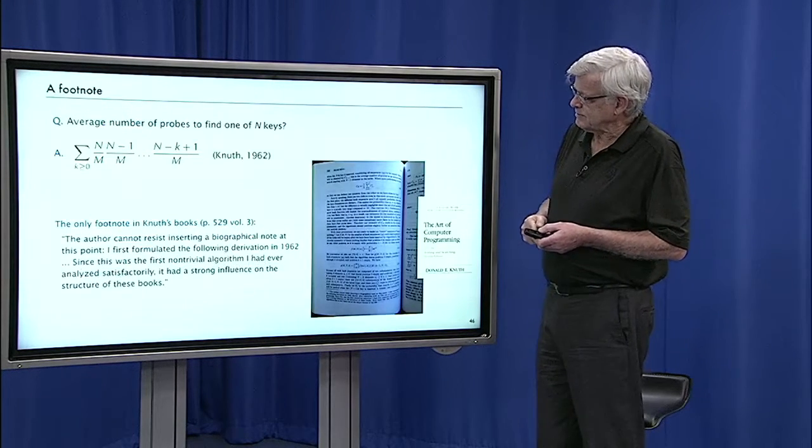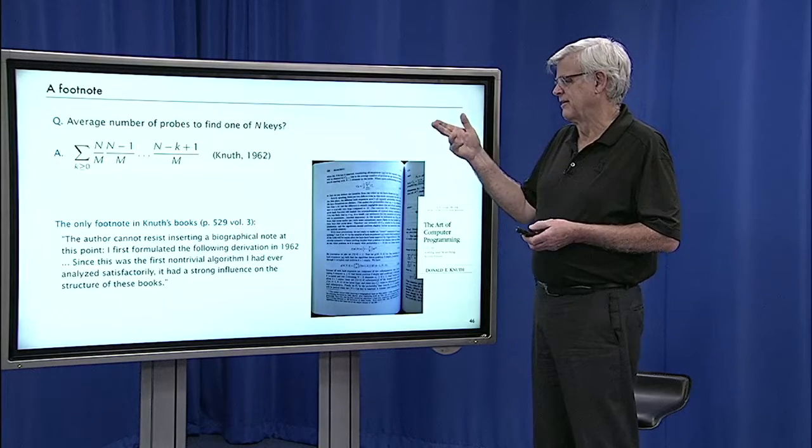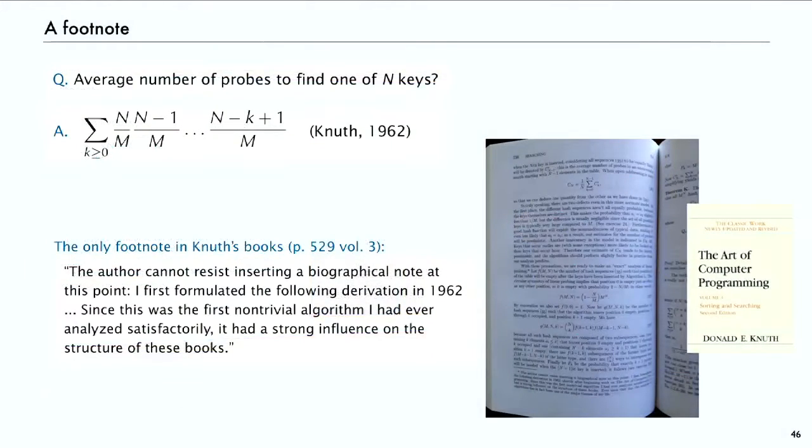Now, I just want to tell a little bit of a story. Knuth's books have 4 volumes now and more planned. In volume 3, there's 1 footnote. Knuth taught that good writers don't use footnotes in technical writing.